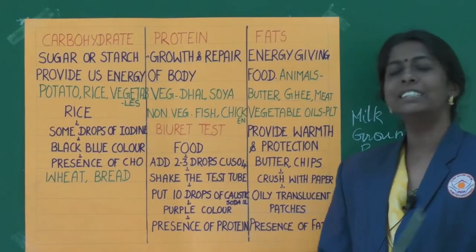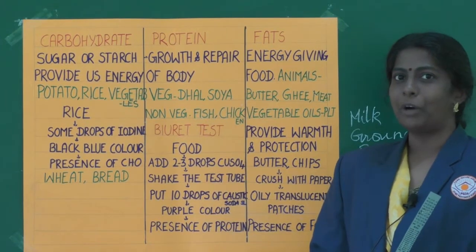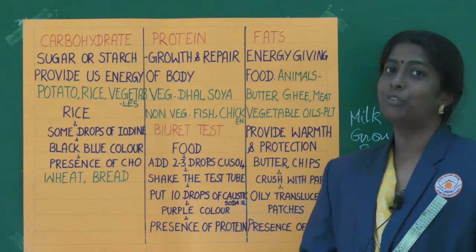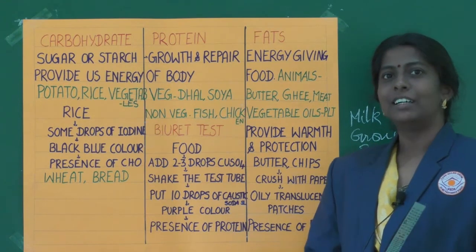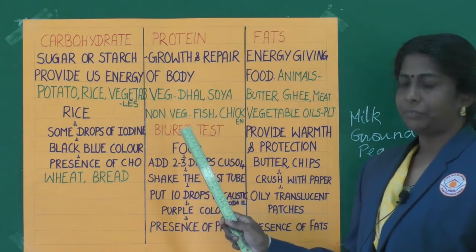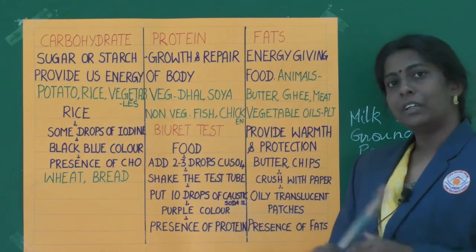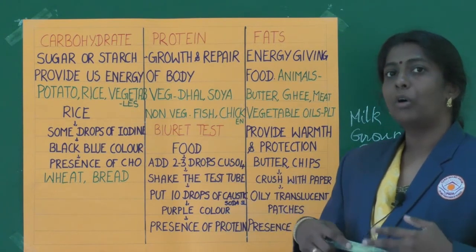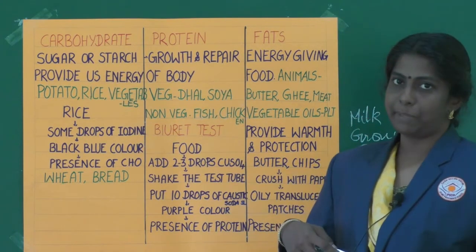Now we are going to learn about a test for the presence of protein in your given food sample. Clear? The name of the test is the Biuret test. You are going to take a sample of food. Your sample might be milk or groundnut paste or peas paste.